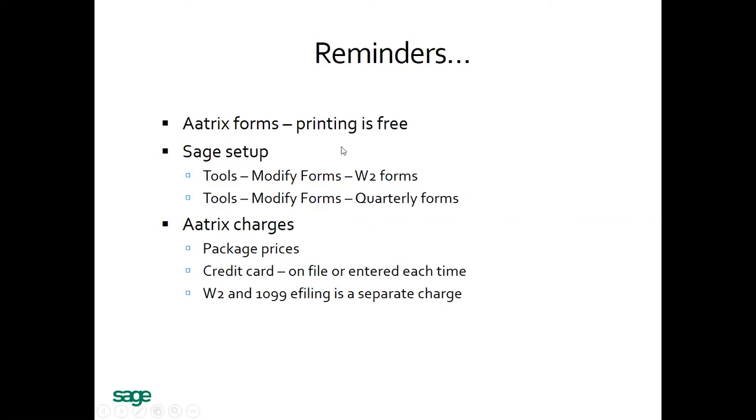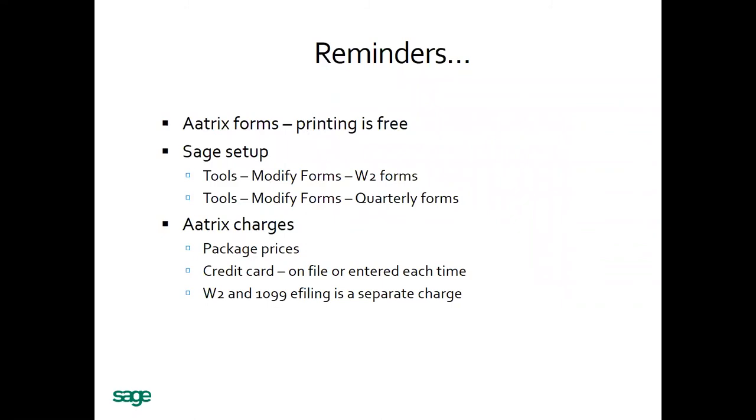All right, just some reminders here at the end. We've kind of run over, and I apologize due to technical difficulties. Just a reminder that the printing of your forms is free. You do need to do some setup as far as the W-2 forms are concerned.